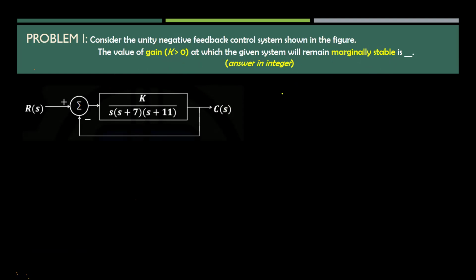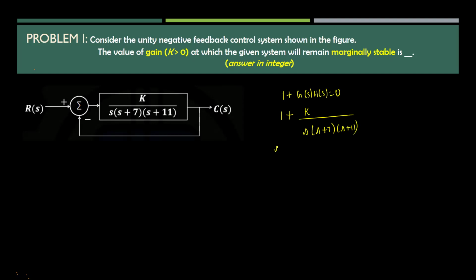So we know for a closed loop system, 1 plus G(s)H(s) equal to 0 is the characteristic polynomial. So let me find the characteristic polynomial. Here H(s) equal to 1. So G(s) is given as k by s(s+7)(s+11).